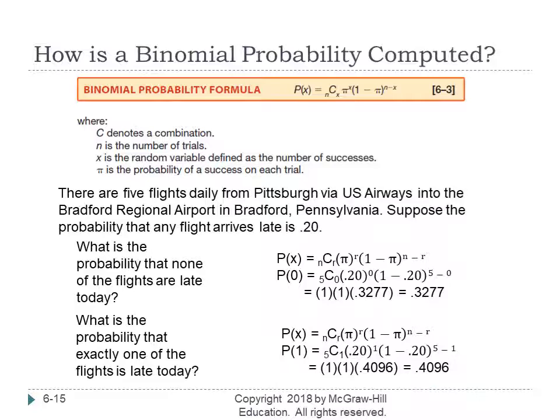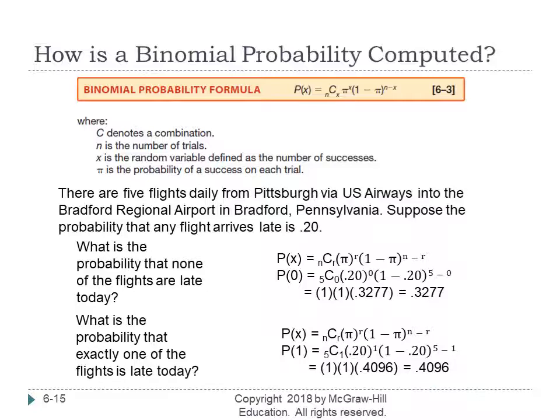N is the number of trials, x is the value we're calculating the probability for, times pi raised to the power x, times 1 minus pi raised to the power n minus x. Now sometimes, since pi is the probability of success, we refer to 1 minus pi as the probability of failure, because it's a complement. So let's read the formula again. P of x, the probability of x, is equal to n choose x, pi raised to the power x, times 1 minus pi raised to the power n minus x.